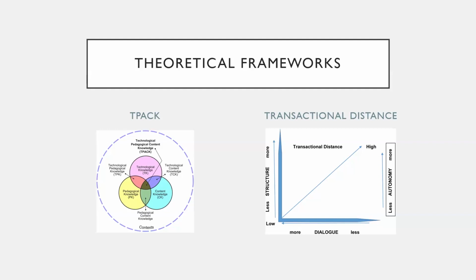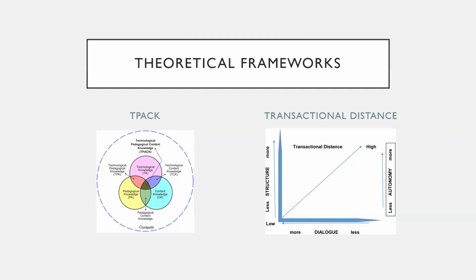And then I've always liked transactional distance theory, that's from the 80s. It deals with structure, dialogue, and autonomy. As these things vary, the sense of transactional distance that students feel with their teachers in online learning environments varies.